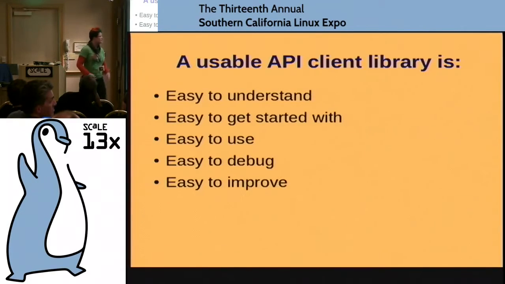All right. So these are the features of a usable API client library. It's easy to understand. You have a developer who wants to write an API client. And if she's lucky, she's going to have a lot of libraries to choose from. If not, you might just be stuck with one.